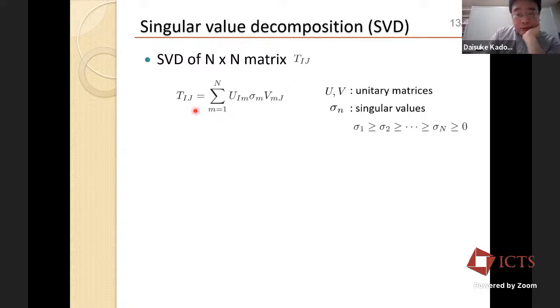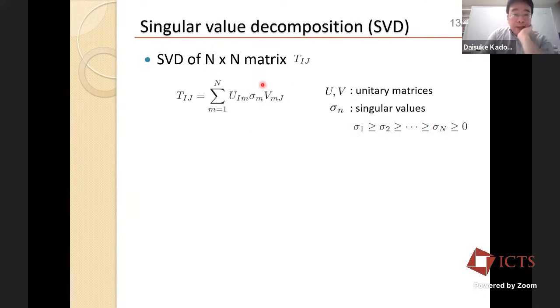This is similar to the diagonalization of a matrix, but T is not Hermitian, so we cannot use the diagonalization for T. And for general matrix T it can be expressed as this form. And U, V are unitary matrices, and sigma n are called singular values. For the later usage, they are sorted in descending order.